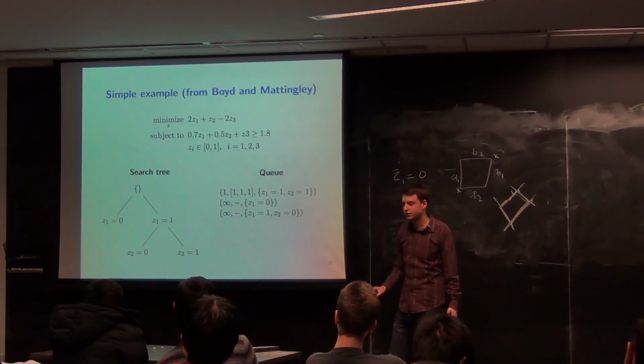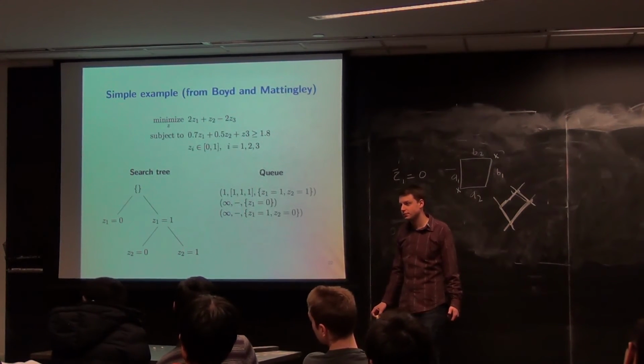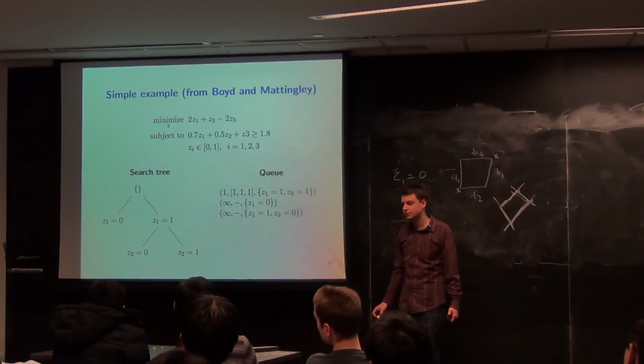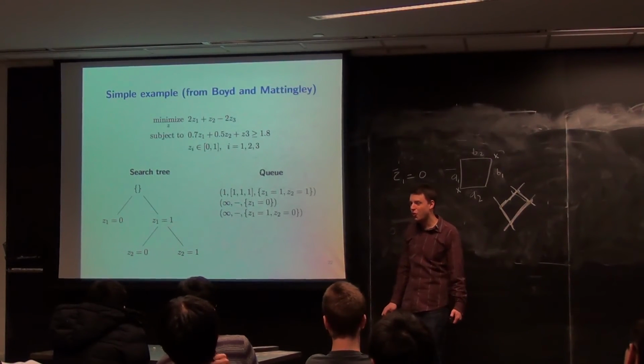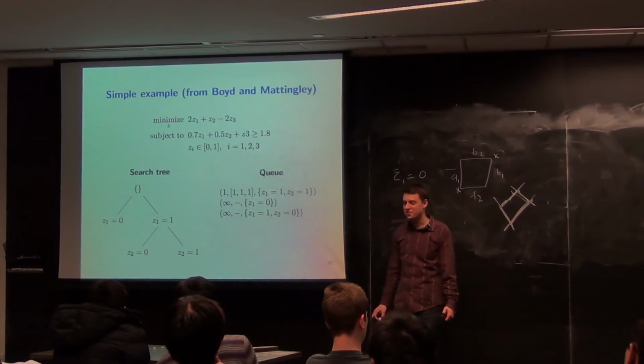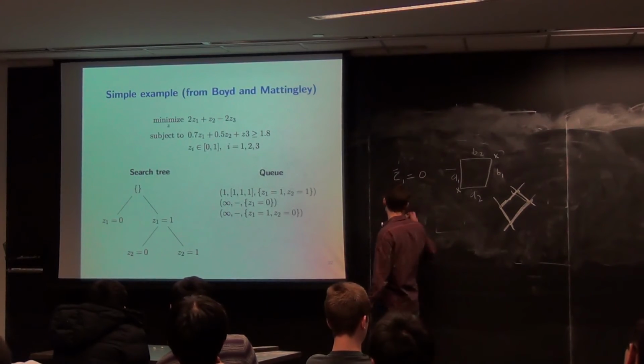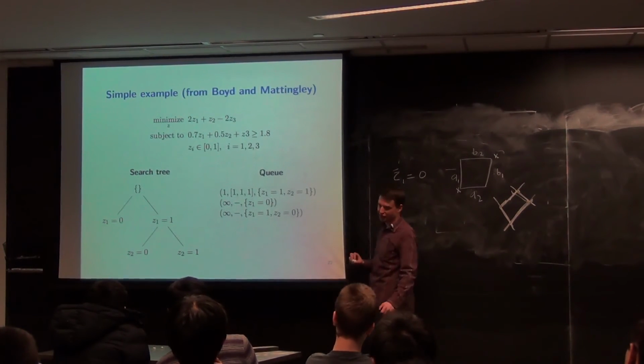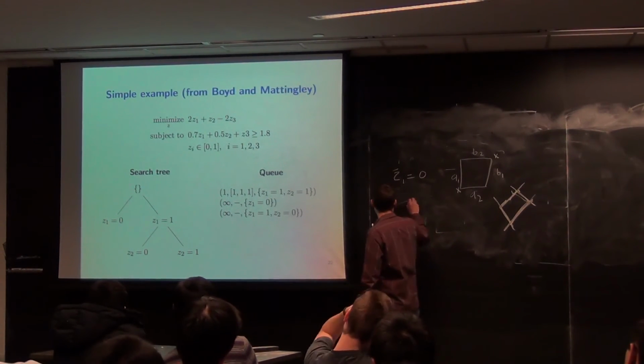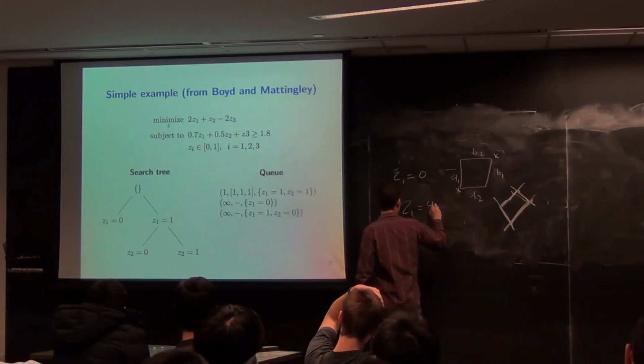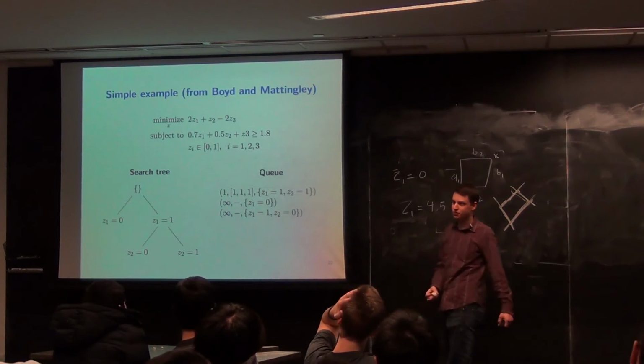Yeah? Yes, you can. I have one line on that in the last slide. I'll just say it now, what you do. So say you want Z to be integer valued, not binary valued. You solve that and you find that Z_i equals 4.5. Okay?